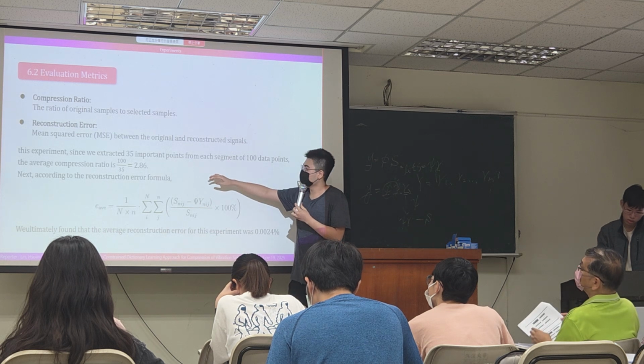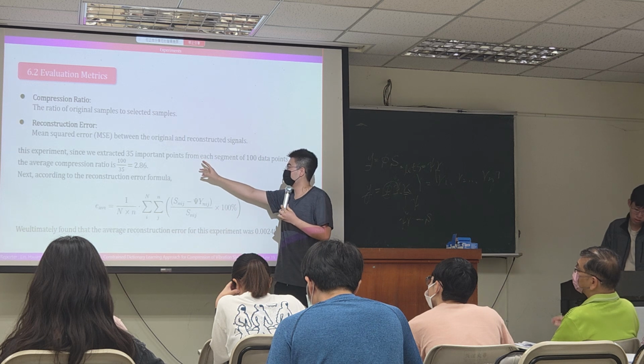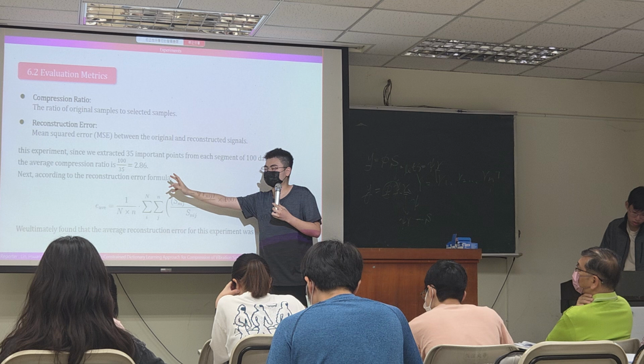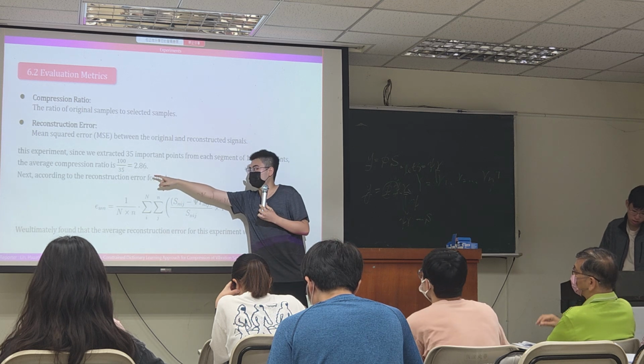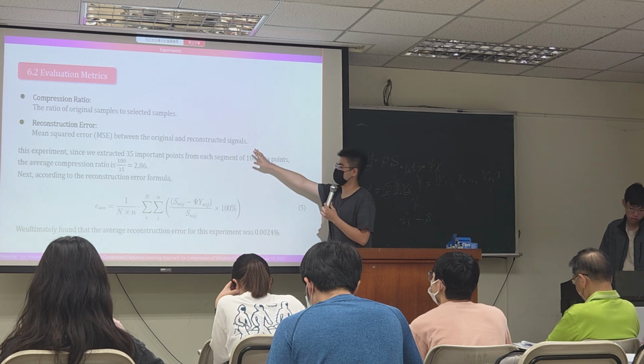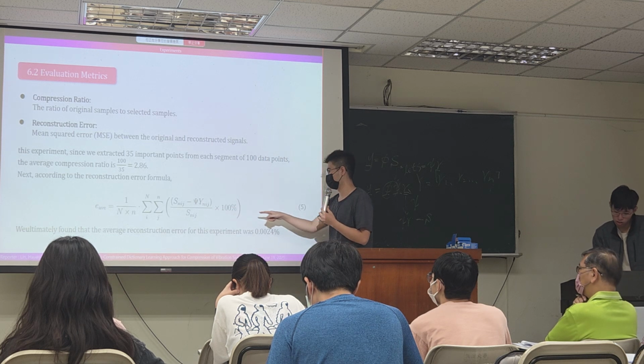So it's the error. Like we have 35 points out of 100 data points, so the compression ratio is 2.86. We put this into the error formula like this.